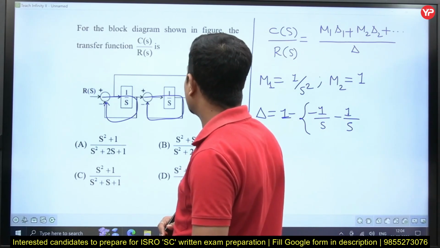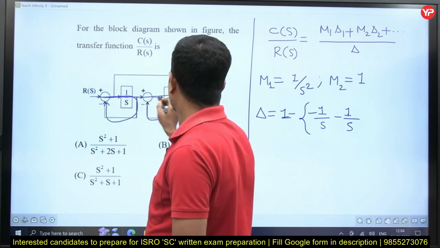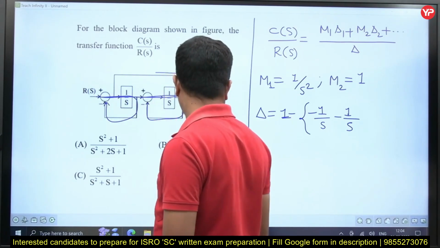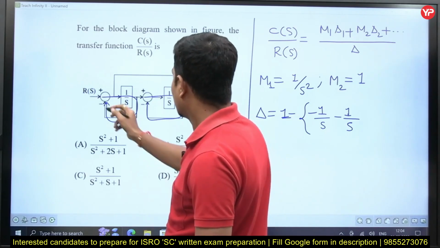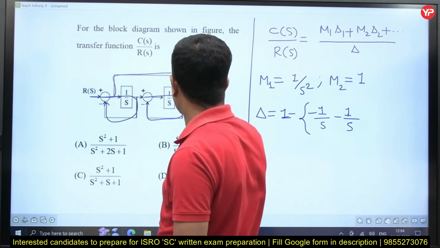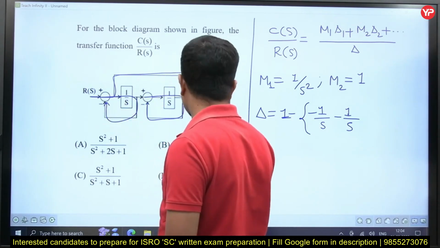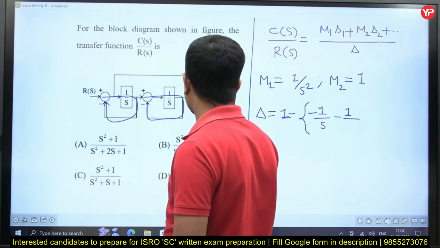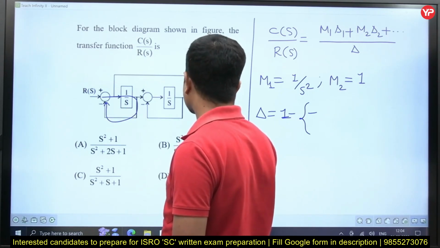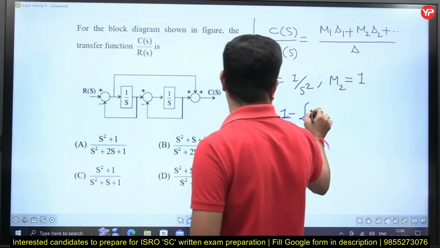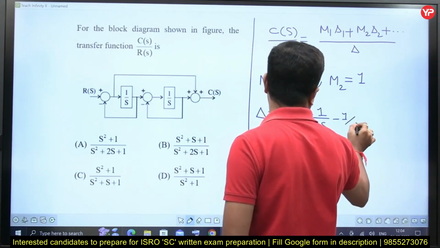Let's see the possibility of any other loop. People will think that this will be a loop. No, because I have to travel here opposite to the arrow direction. Any other possibility this way? No, not possible. I'll show you what is that way: minus 1 by s, minus 1 by s.